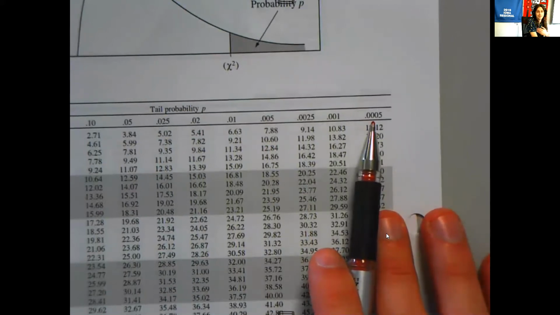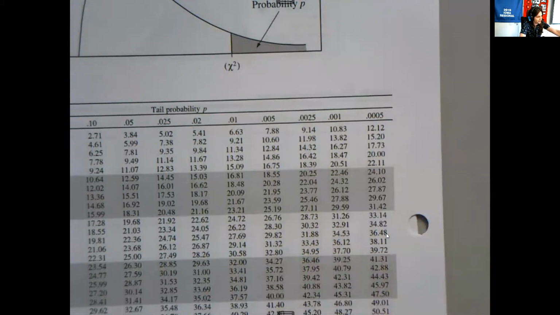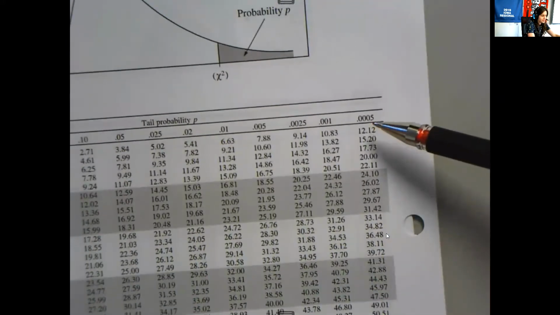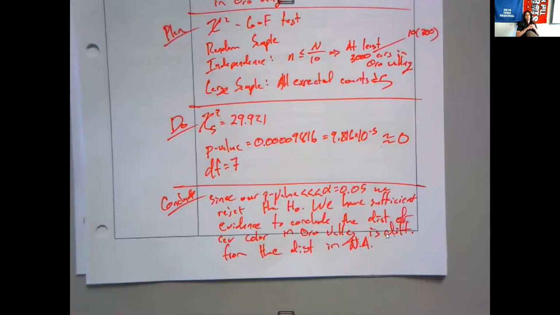We have a p-value even smaller than 0.0005, so we could have rejected under any reasonable alpha there as well. You'll notice that the conclusion you make from your chi-square table and the conclusion you make from your calculator are going to be the same, but remember, your p-value is not ever going to be as specific coming from the chi-square table.